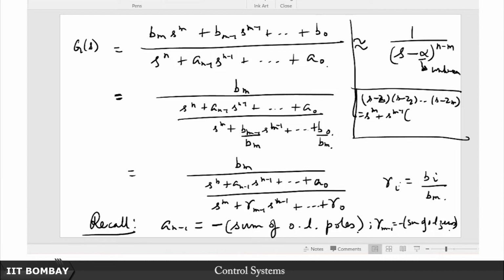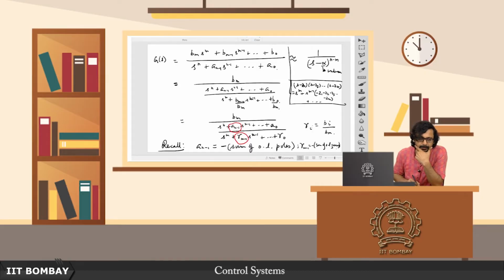If you carefully collect together all similar terms, you will see that this is nothing but minus z1 minus z2 minus z3 so on till minus zm plus dot dot dot. So basically the coefficient of the second highest degree is the sum of the roots of the equation. By the same token, these two terms, a n minus 1 and gamma m minus 1, give you the sum of the open loop poles and the sum of the open loop zeros respectively, of course bearing the negative sign.